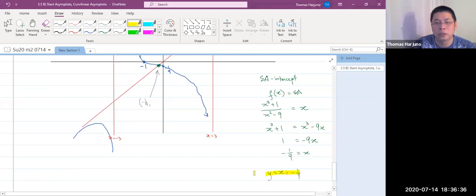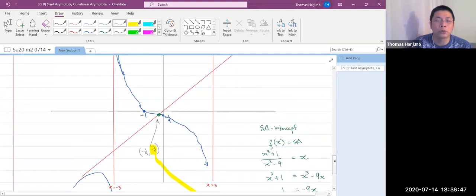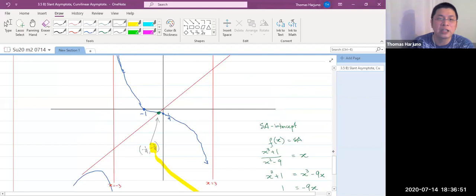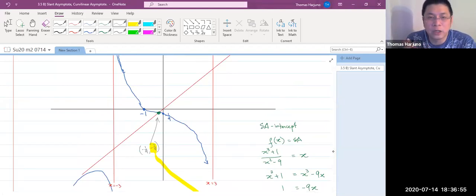So this guy will go here. From here we also prove that there's no other slant asymptote intercept.